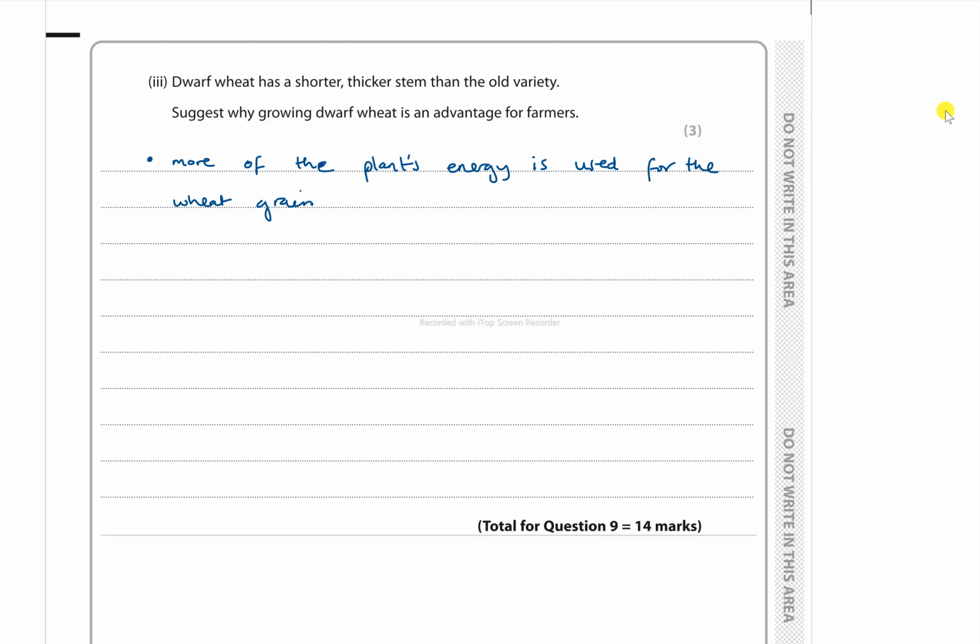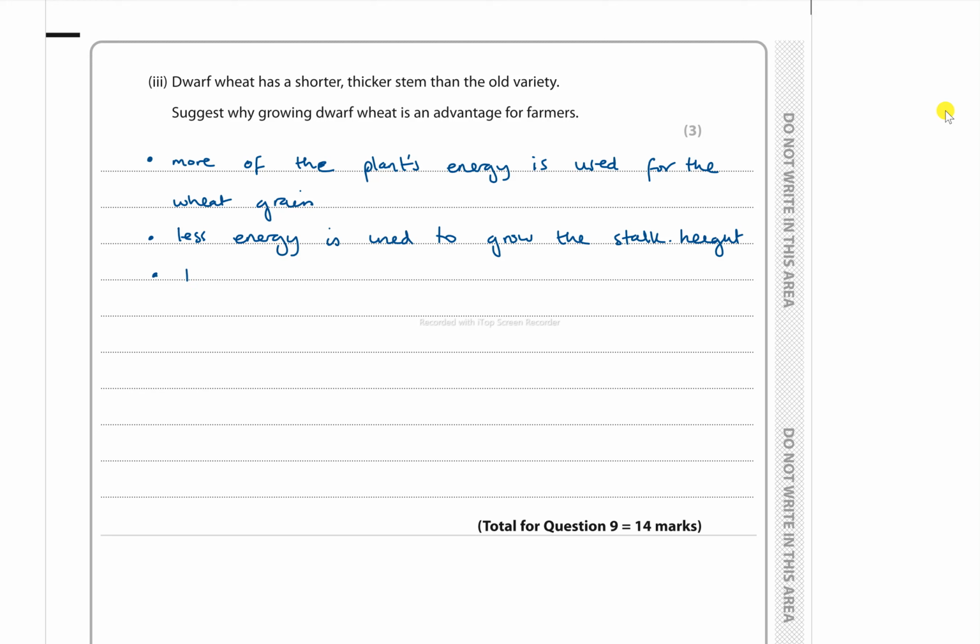So less is used to grow the stalk. Therefore, less energy is used to grow the stalk height, because they mentioned short.